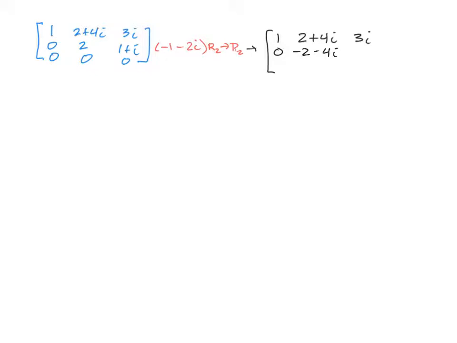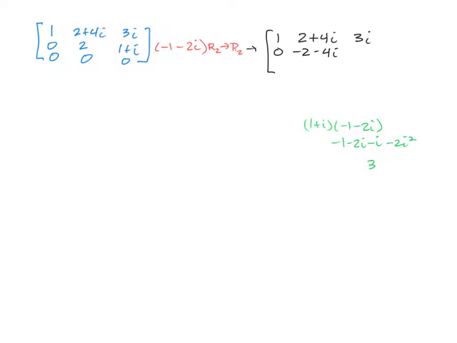Then we have to multiply off to the side the two complex numbers, 1 plus i times -1 minus 2i. When we multiply those together, we have a -1 as a leading term, then a -2i, then a minus i, and then a minus 2i squared.